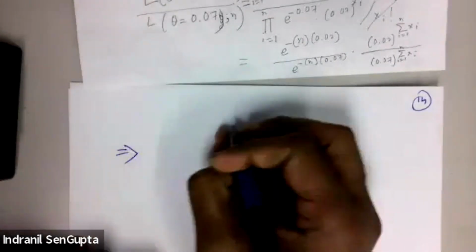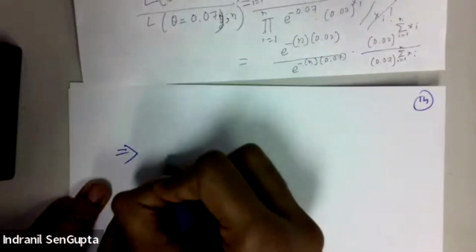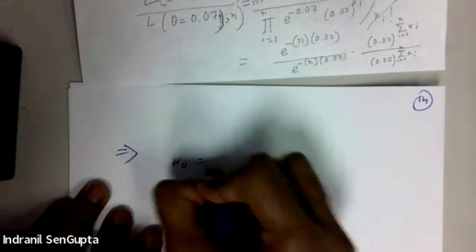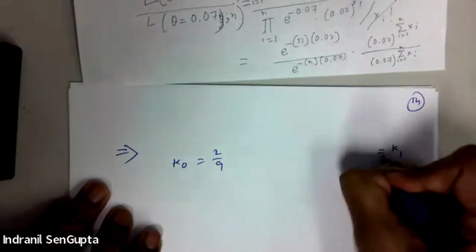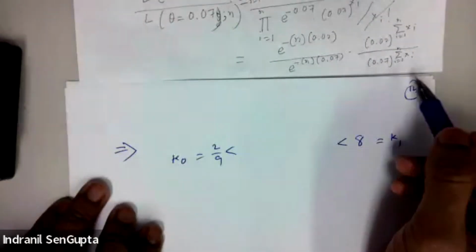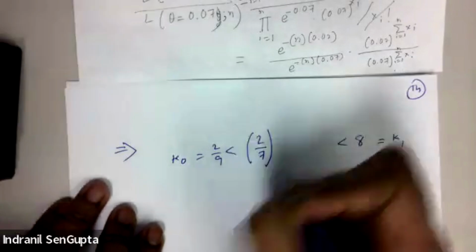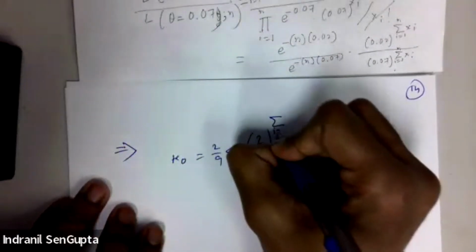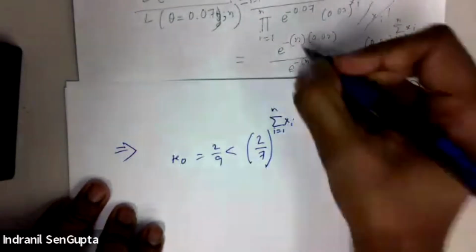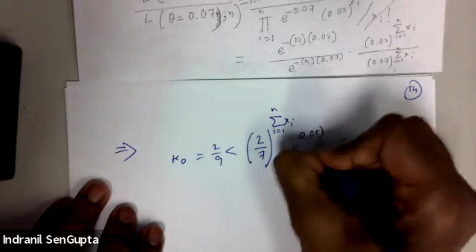I can simplify this further. We want this quantity to be between K0, which is 2 over 9, and K1, which is 8. We want this thing to be in between these two. Now, what is this thing? You have 2 over 7 to the summation i from 1 to n of xi, and then e to the 0.05 times n.